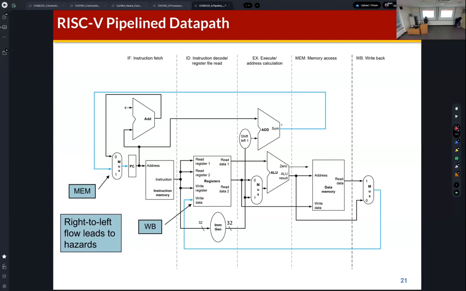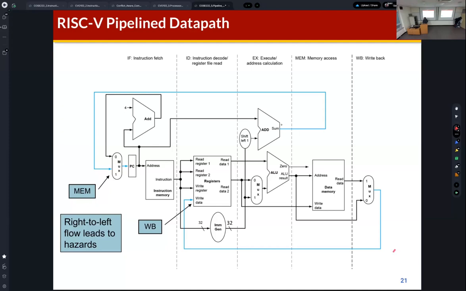It includes all required steps for executing instructions. As I mentioned, in the pipeline architecture, we just divide these steps into multiple pipelining stages. So we can start from the single cycle processor.